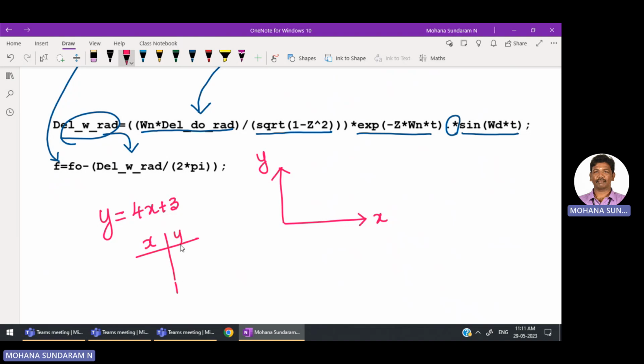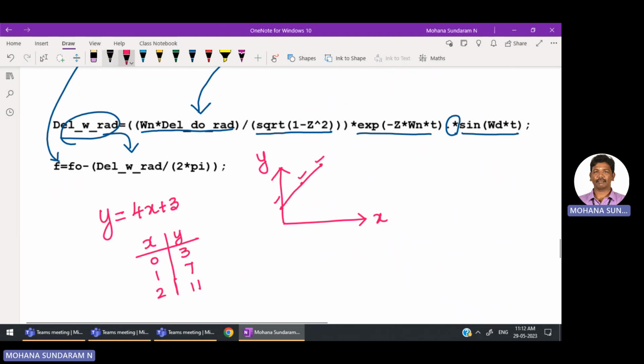Say for example, you give 0. When you put 0, it is y equal to 3. When you put x is equal to 1, it becomes y equal to 7. When you put x is equal to 2, 4 twos are 8, it is 11. Then you will plot 0 comma 3, 1 comma 7, 2 comma 11, and then join them. So you require points.